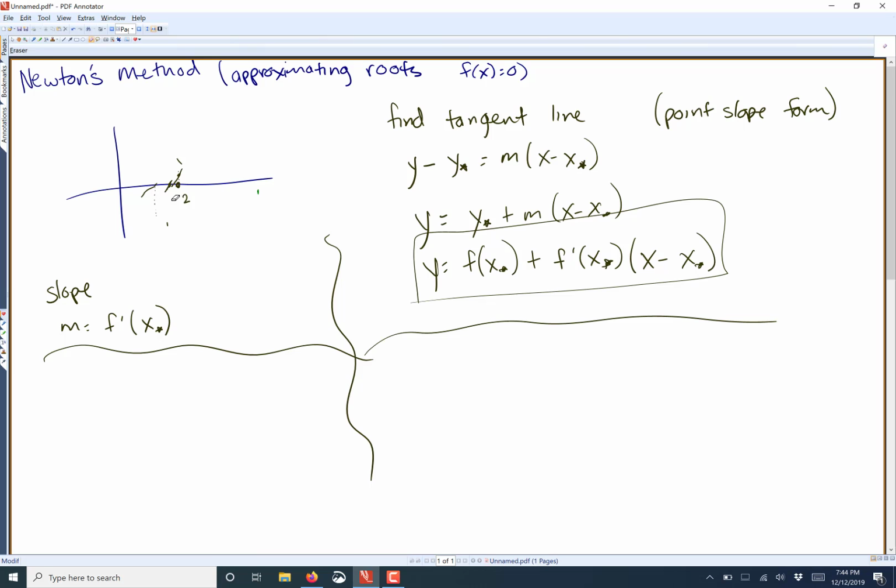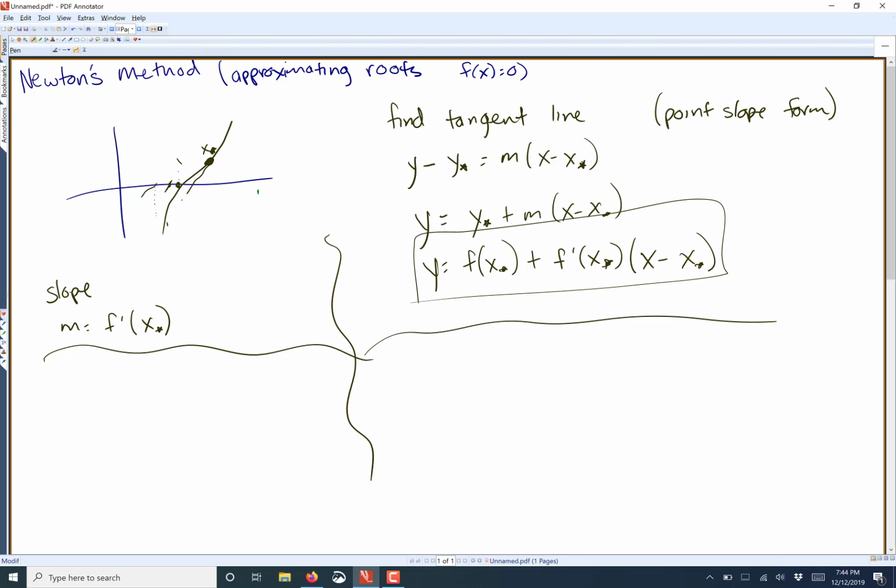Let's see if I can start again. Better drawing. If I do concave up, I can see better. So here's my x guess. Here's one of my guesses.